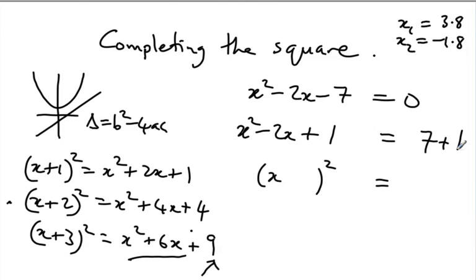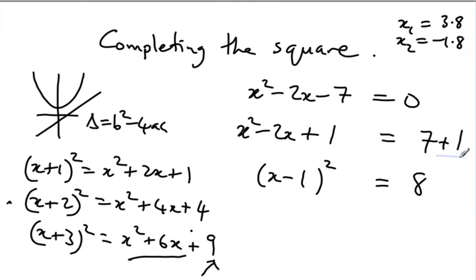So this is x minus 1 squared equals 8. Adding the plus 1 is the completing the square part, and of course putting it here as well, because we're doing the same to both sides. Once we've got that plus 1 added, then we write it as something squared.